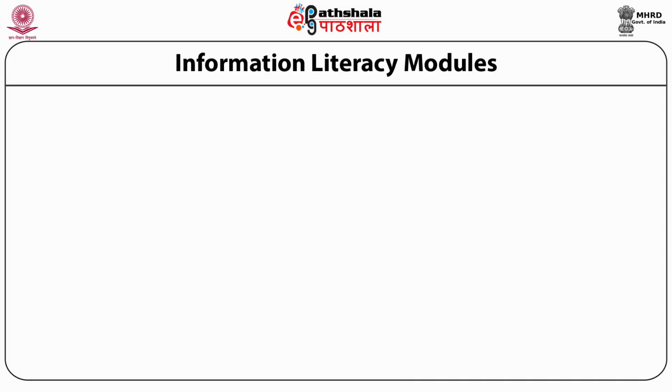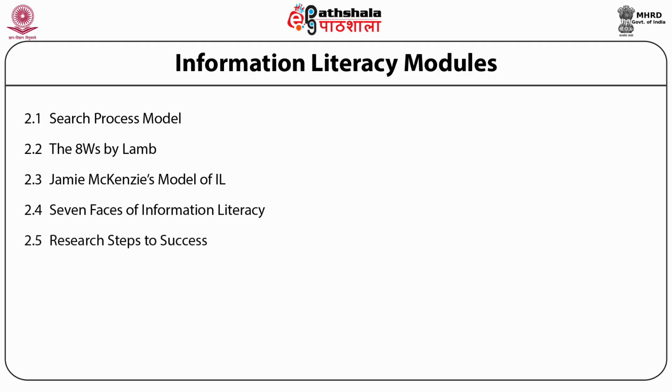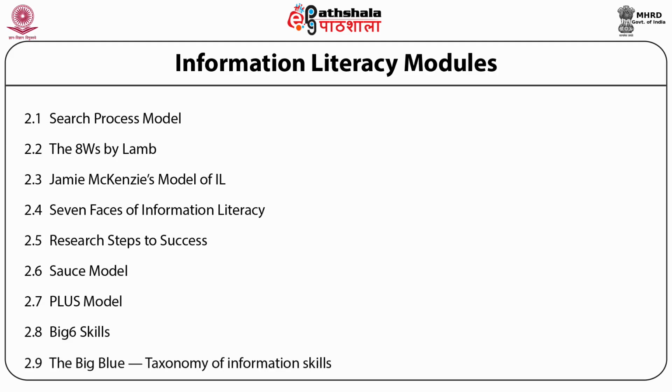There are many models developed by individuals, and in this module we will discuss the first 9 models, which are the information search process model, 8 W's model, Jamie McKenzie's model of information literacy, 7 phases of information literacy, research steps to success, SOS model, PLUS model, Big6 skills model, and the Big Blue taxonomy of information skills model.